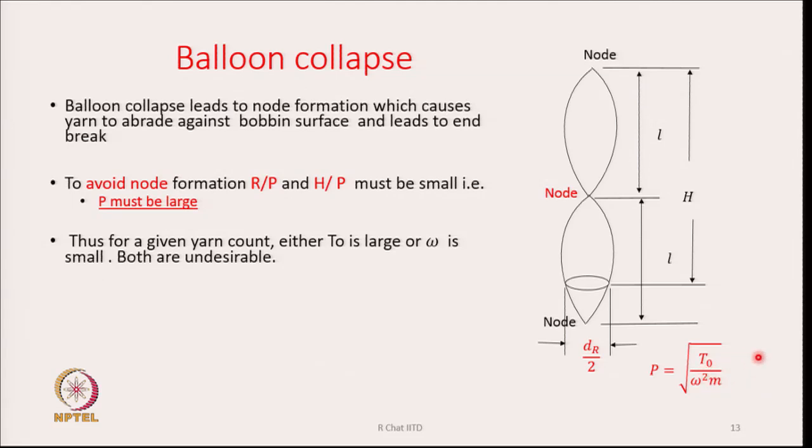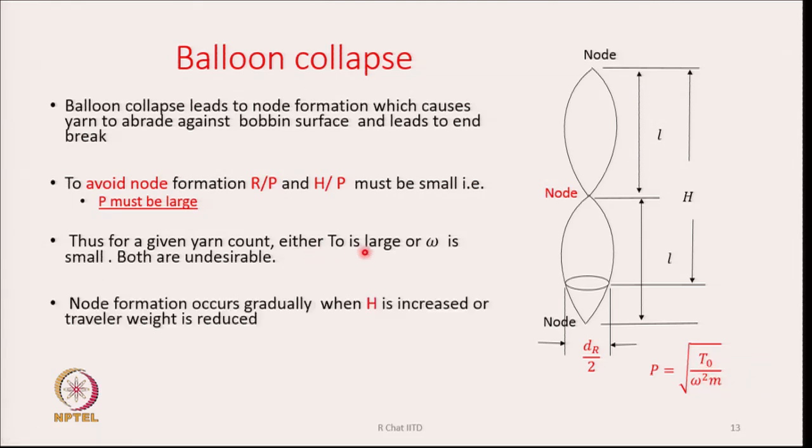So, if we go for high T0 and low omega, both are undesirable. By keeping omega small, I can make P high, but if I do so, what is going to be the harm? Why am I saying both are undesirable?